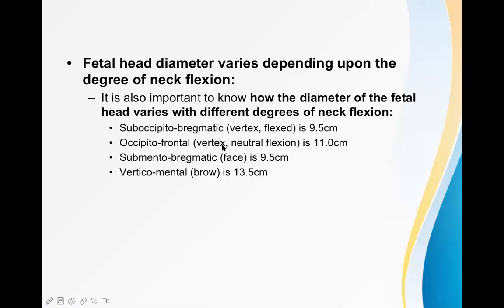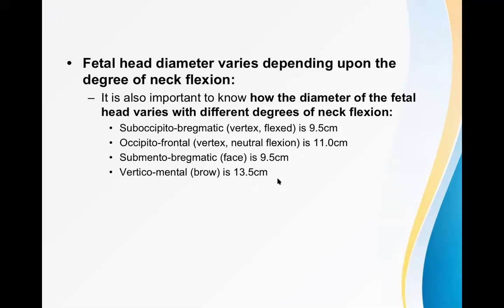Occipitofrontal in vertex presentation and neutral flexion, not much flexed here, is 11 centimeter. Submentobregmatic, that is face presentation, is 9.5 centimeter again, but face presentation is never considered a normal one. And verticomental, that is brow presentation. Now brow is forehead, this is 13.5.